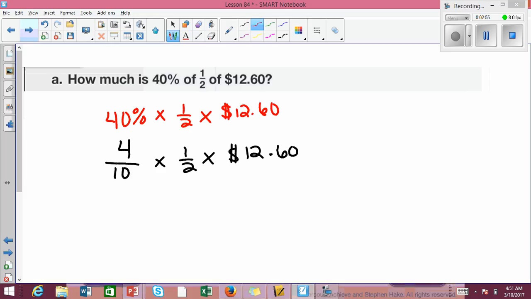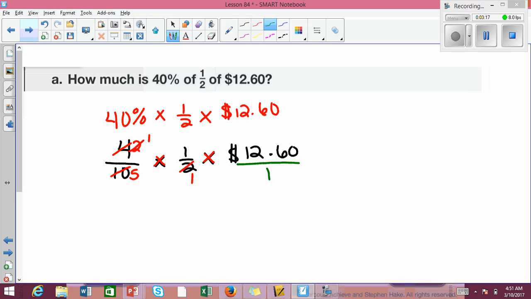We could also call this 2/5. Okay? We could cancel out our 2's because all we're doing is multiplying here, remember? So if we multiply, all of our numerators are going to be multiplied, all of our denominators are going to be multiplied. So if we can simplify before, we do as much simplification as we can.